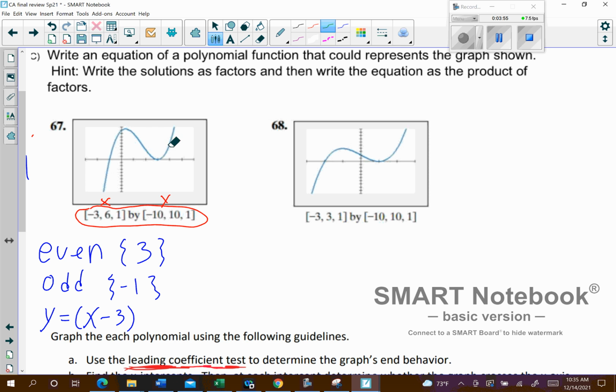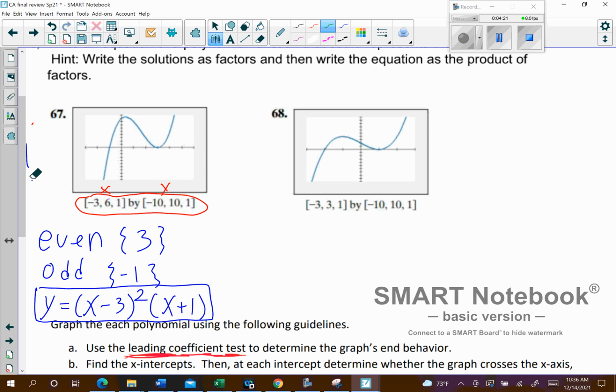And then its multiplicity is even, but more than that, it's 2. And then here, when we cross at negative 1, that factor would be x plus 1, and it has a multiplicity of 1, which you really don't need to put the 1 there. It's already understood. And so that would be our equation. So those are the 3 parts that you'll be asked.